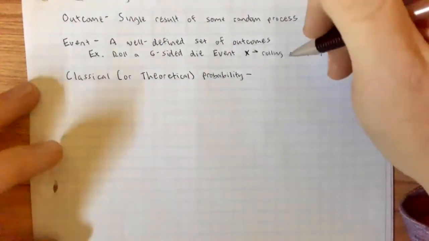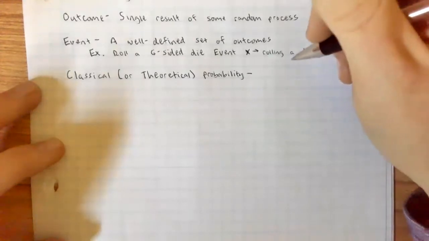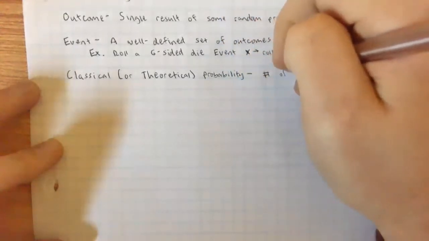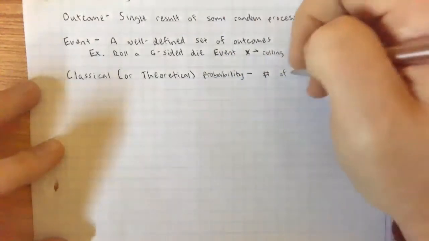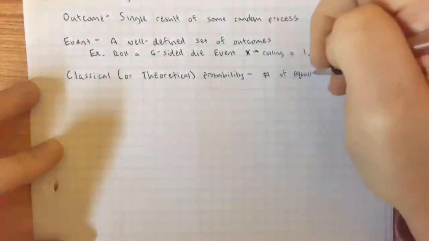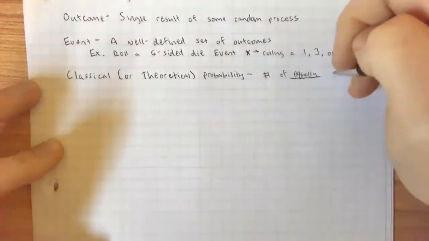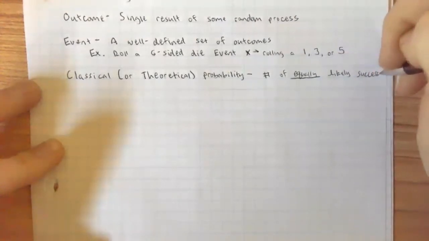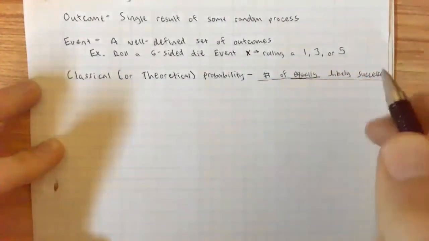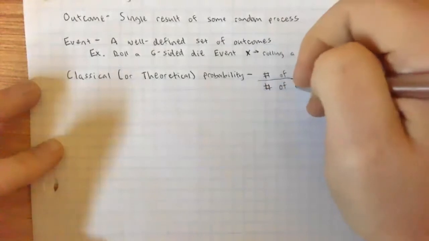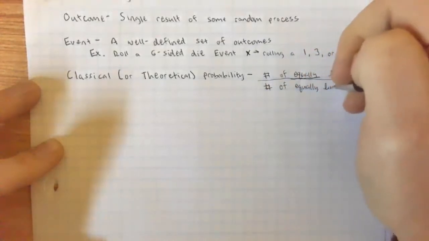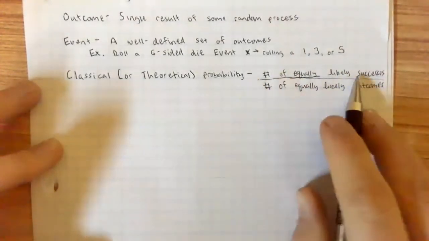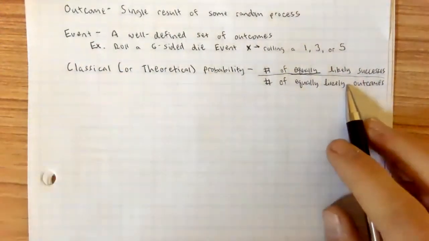This is really an equation: the number of equally likely successes divided by the number of equally likely outcomes.